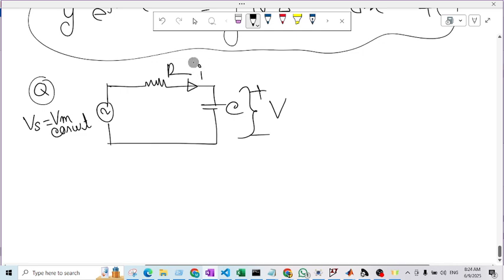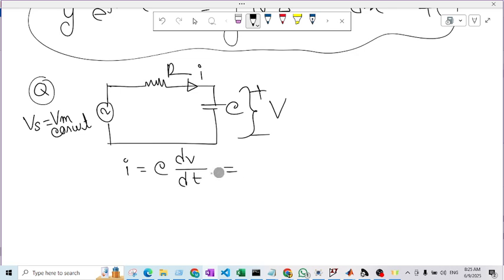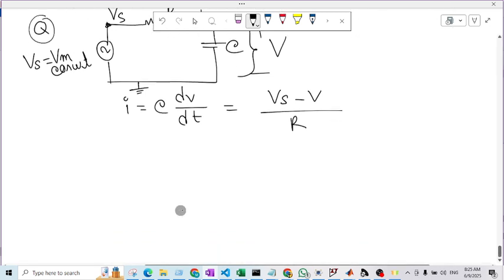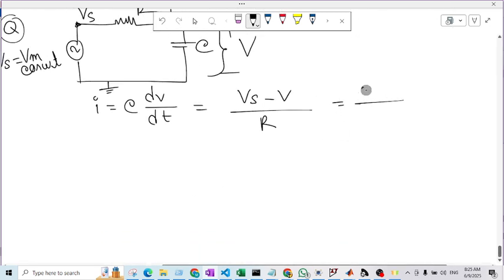This is current I. The capacitor's current is C dV by dt, and the same current flows through this resistor. If I take this point as ground, this point's voltage is simply Vs. Using Ohm's law, I will get (Vs minus V) divided by R, so C dV by dt is equal to Vs by R minus V by R.